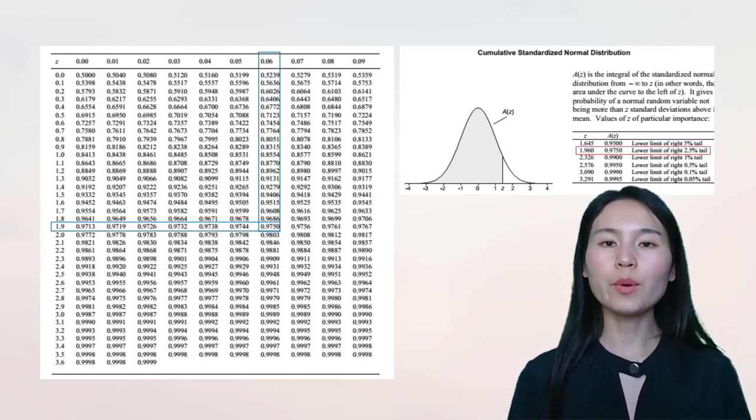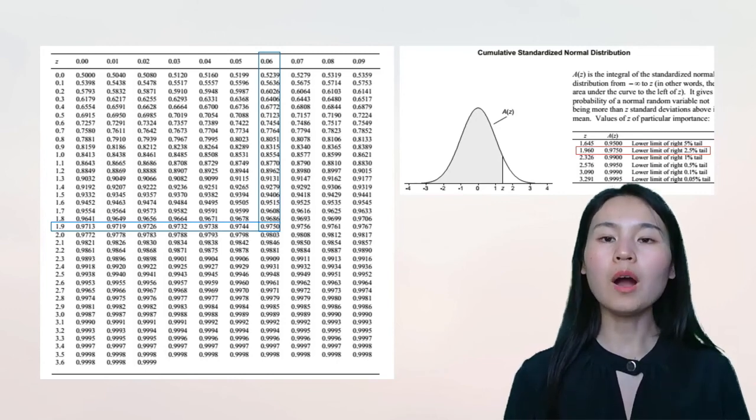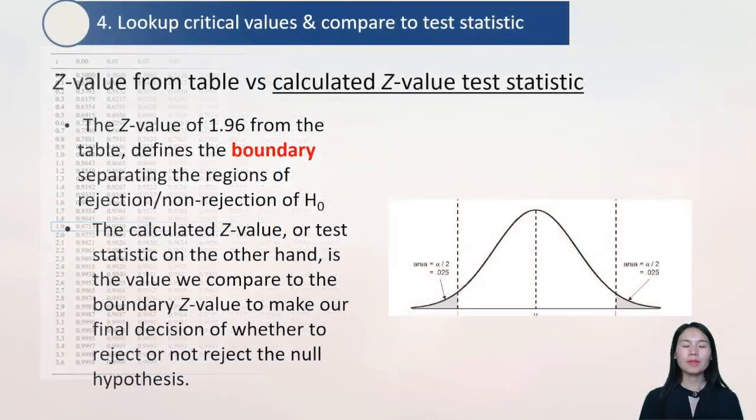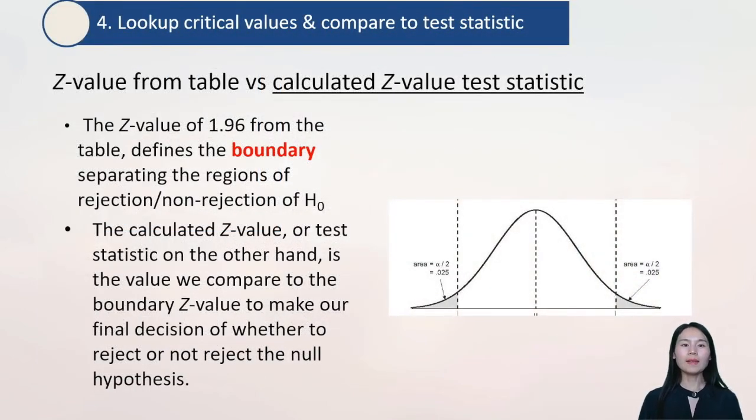And always, when you're looking up the table, always look at the shaded area. This is what the number corresponds to. And then we can have the z-score for this tail, because on either side, that is 0.025, this z-score is 1.96.